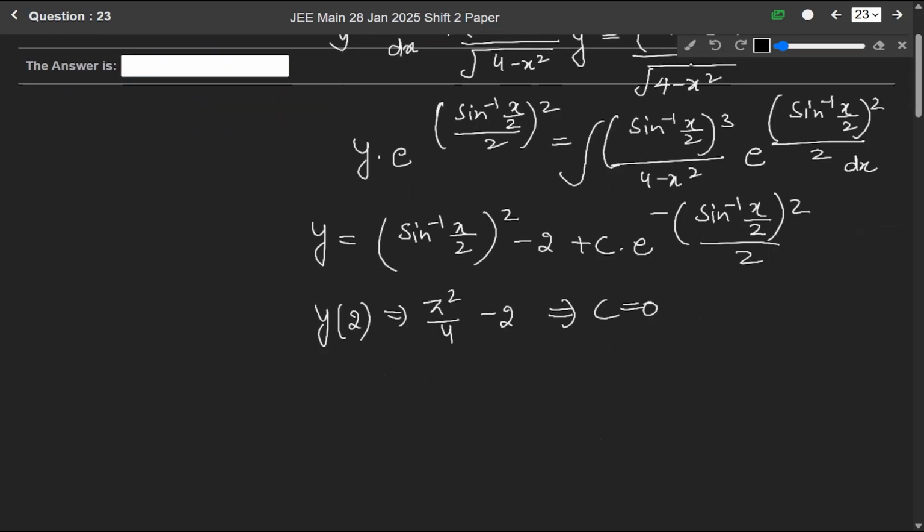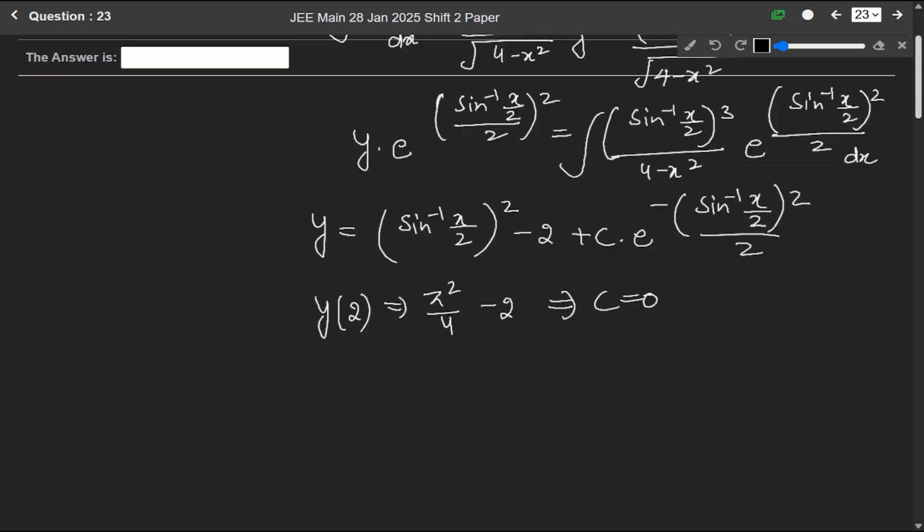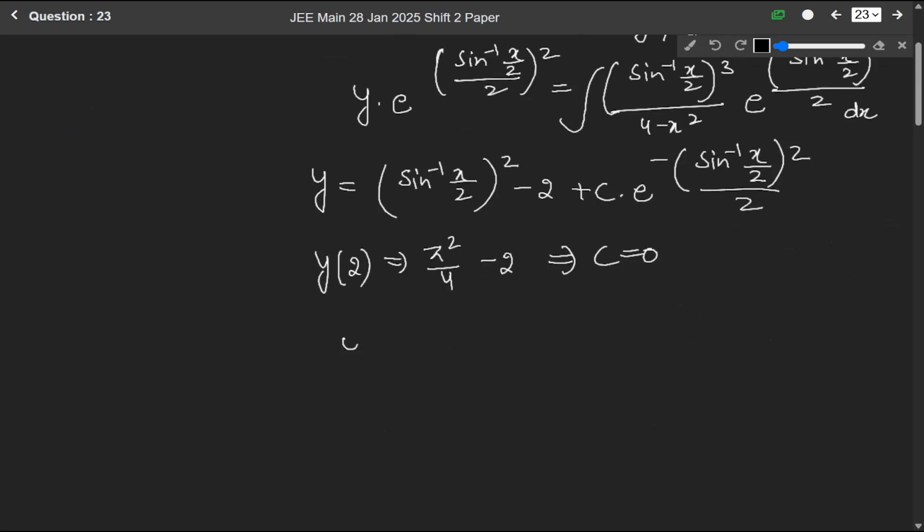And we have to find the value of y²(0). So first of all, y(0) will be equal to (sin⁻¹ 0)² − 2.